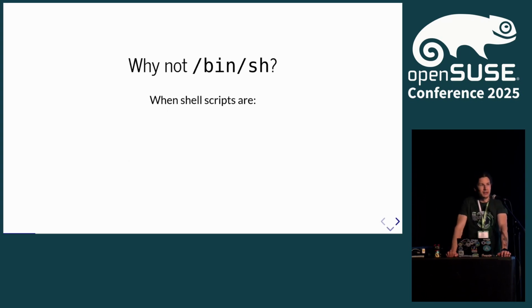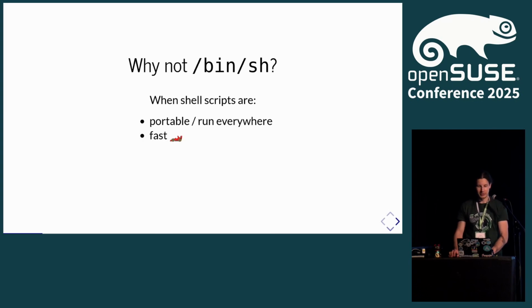Testing container images with Python. Why don't you just use the shell? Because, just write a shell script, do podman run, because that runs literally everywhere where you have your shell and your container runtime, and it's super fast and it's super portable, and everyone can understand them, right?